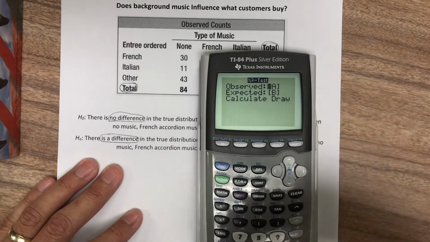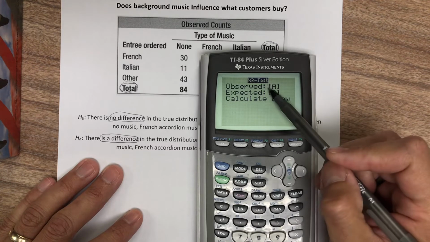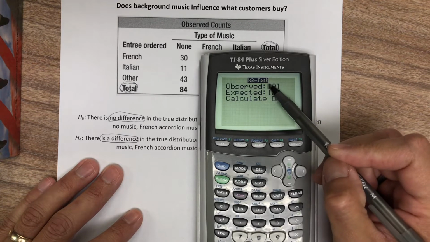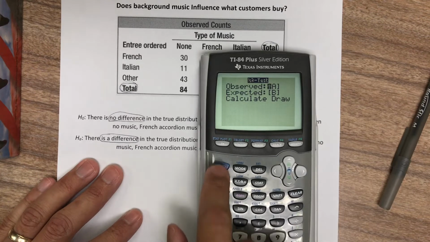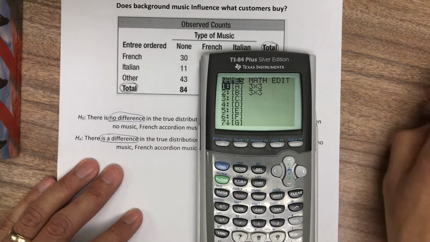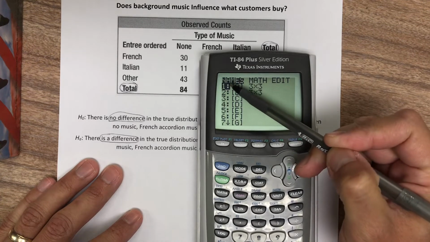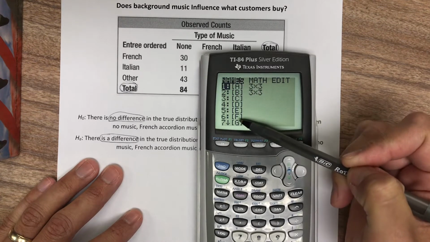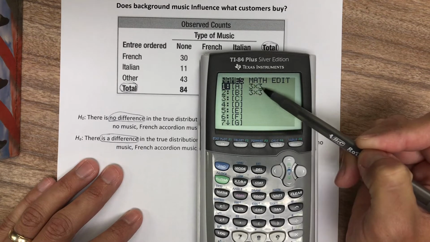Now, let's say you want to change the names of those matrices. When you go here to observed and you see the cursor blinking, you can go back to second matrix, and under names, choose the one you want to use. I know that in matrix A is where my observed counts are.